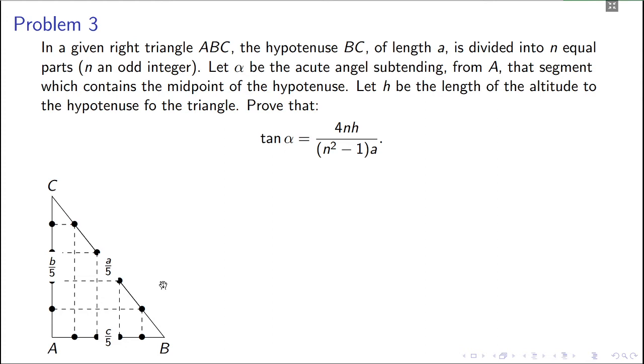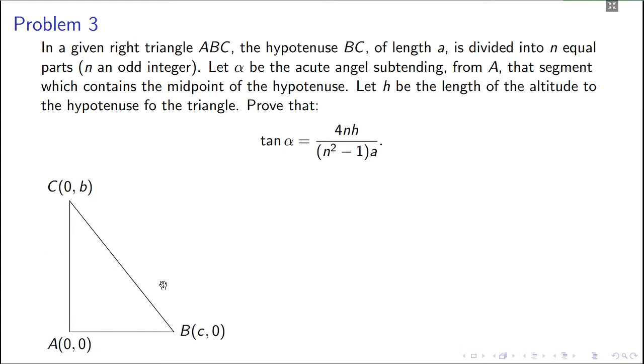After that we can solve it quite easily with coordinate geometry. So you set up the coordinates, take this as the x-axis, this as the y-axis, take this as the origin (0, 0). Take this length to be c, so this coordinate will be (c, 0). Take this length to be b, so this coordinate will be (0, b). After that, let's say this is the midpoint and PQ is the segment that contains this midpoint.